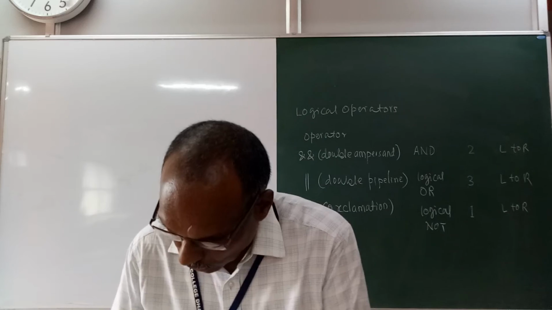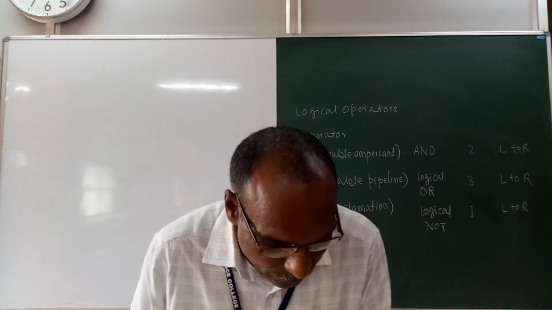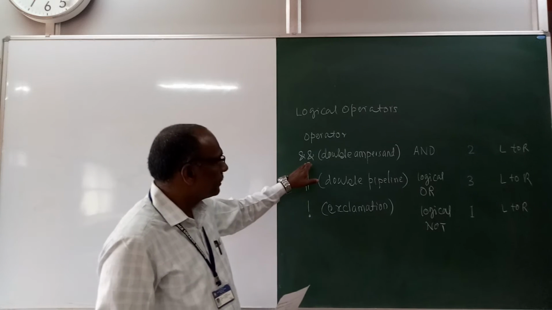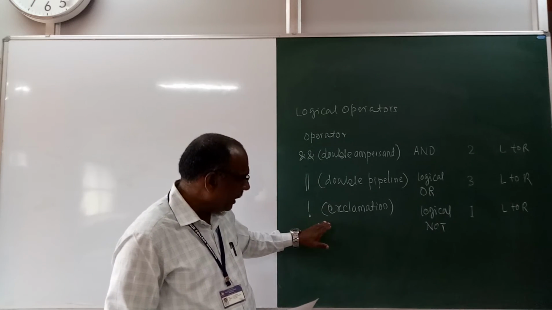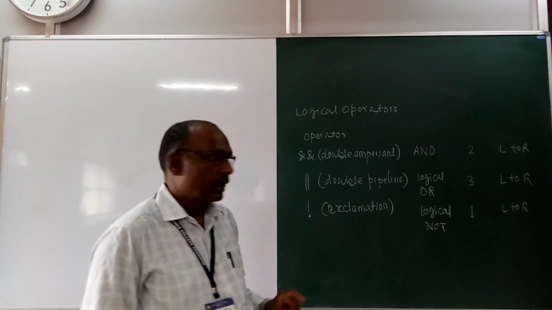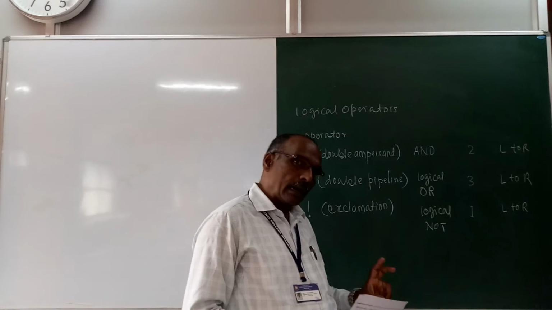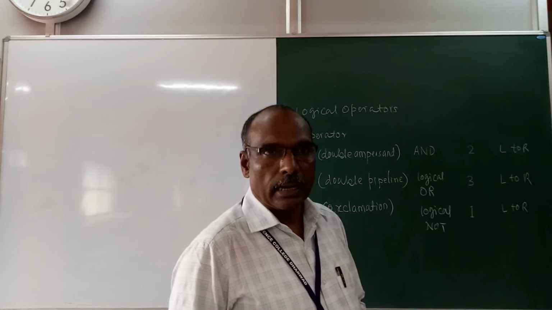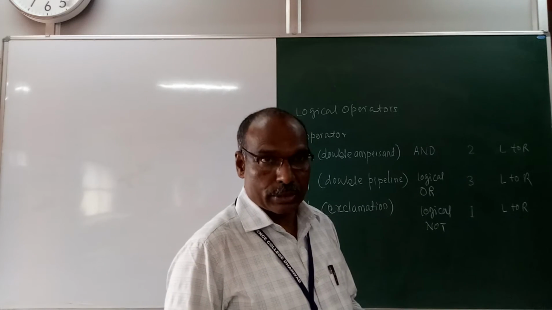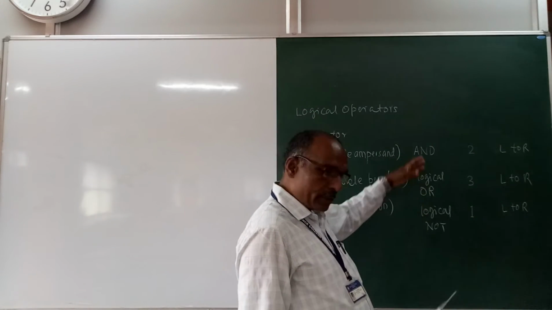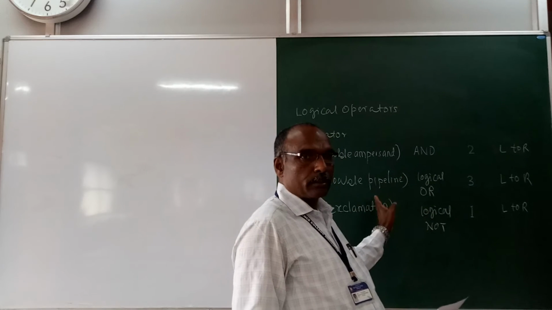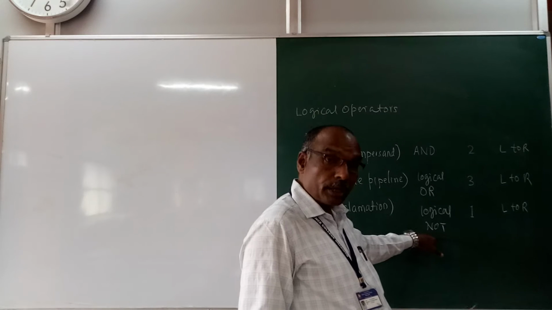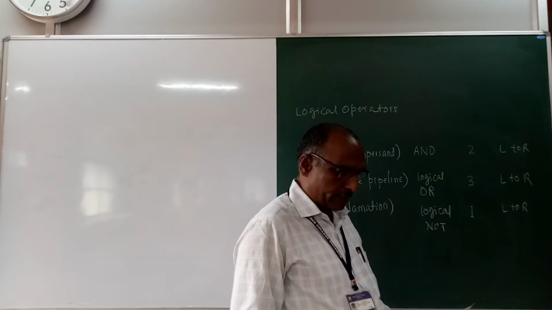Now, these logical operators are AND, OR, and NOT. In fact, AND, OR, and NOT are the basic operations of Boolean algebra. They are called operators, and when we operate them, that is ANDing, ORing, or negating, inverting, complementing.